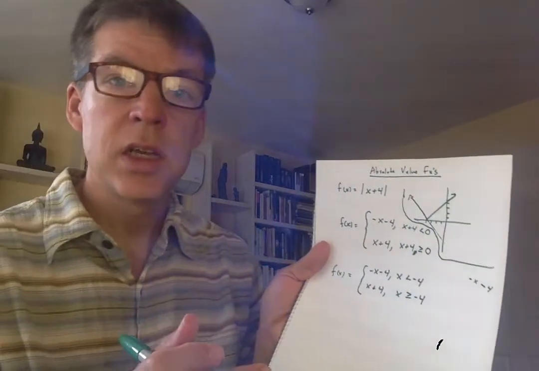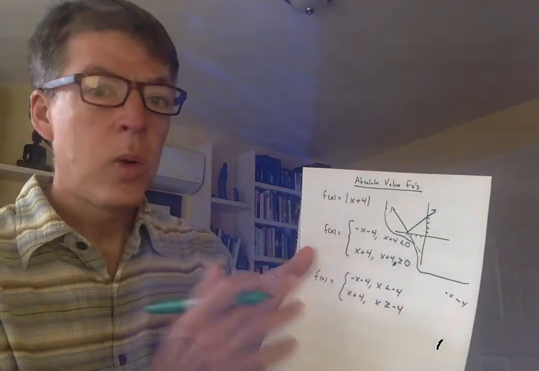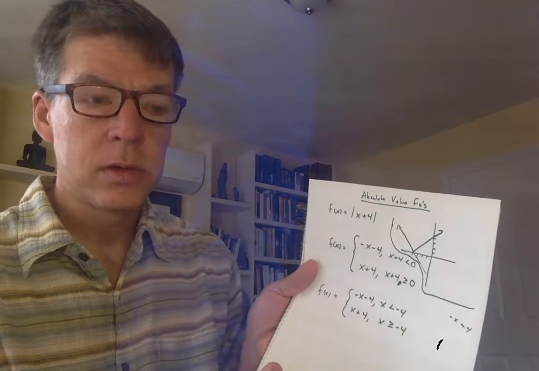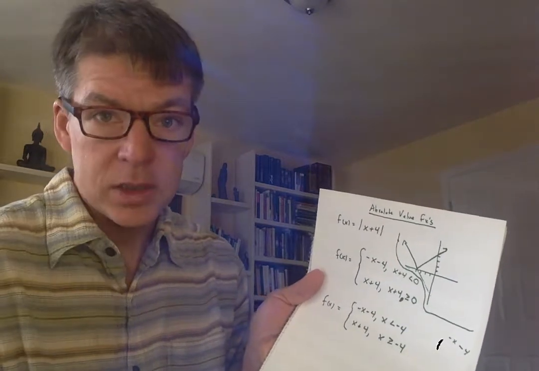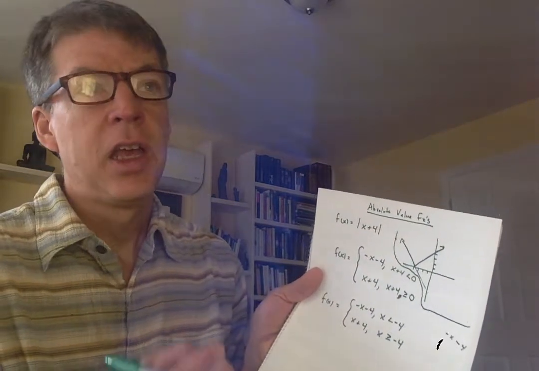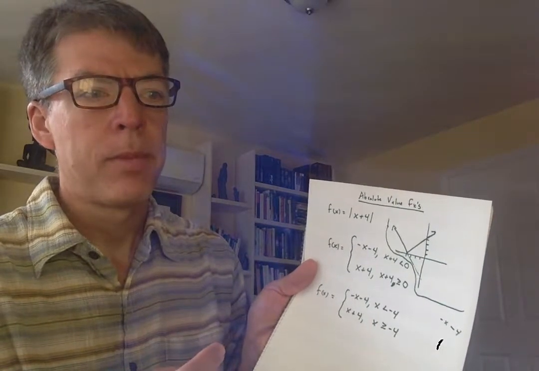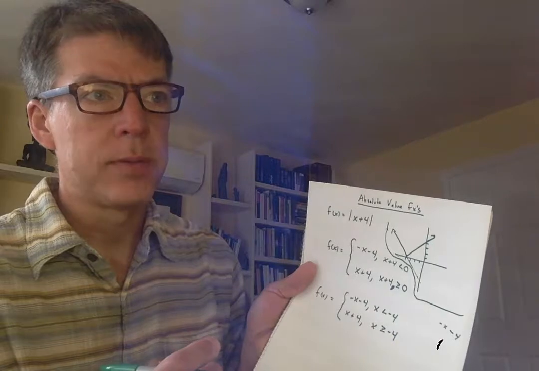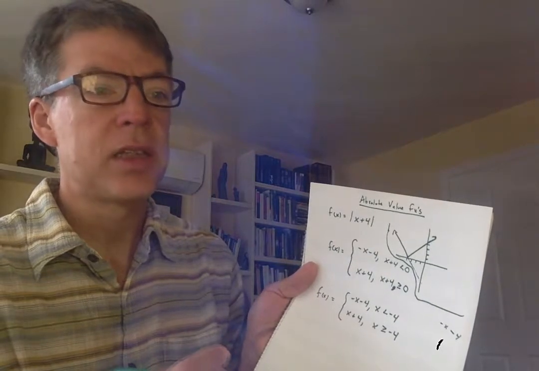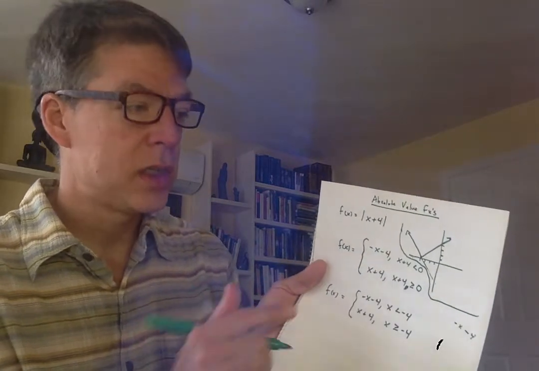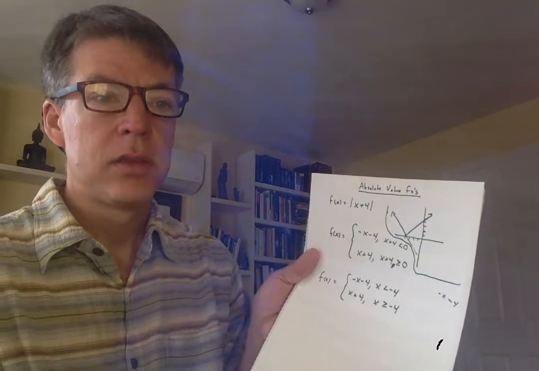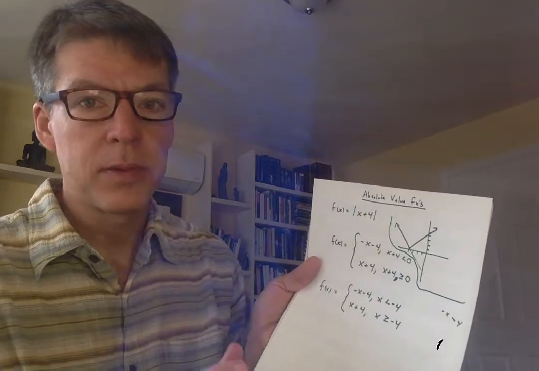Now think about this. If what's in the bars is negative, what do the bars do? They make it positive, right? So that won't be as good a way to think of it as this. If what's in the bars is negative, yes, you can think of it as the bars make them positive.